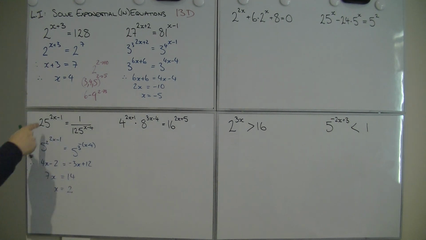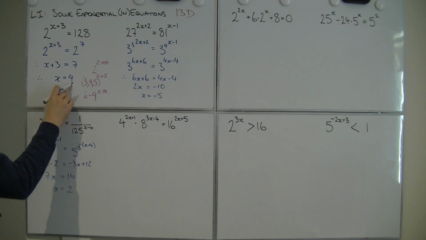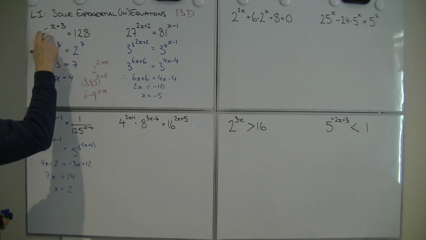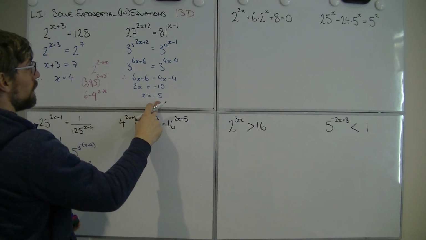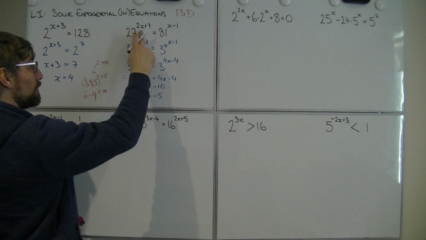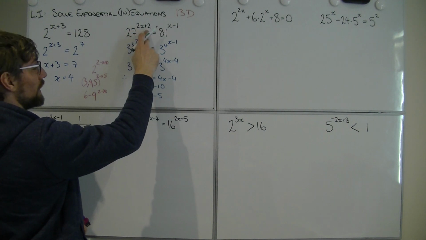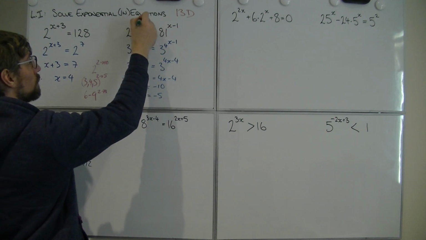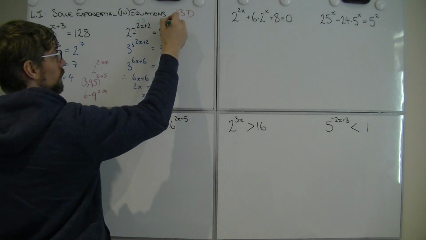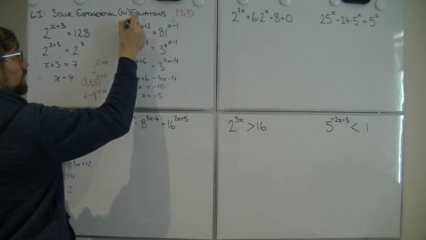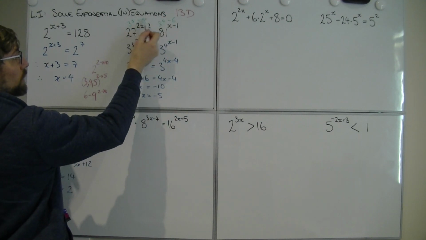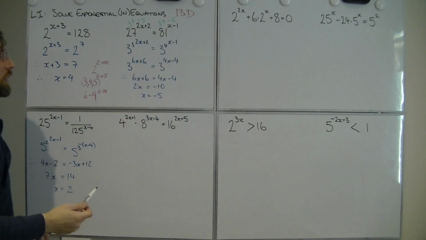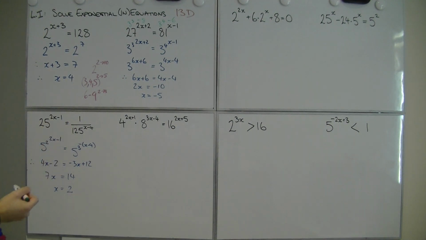Now, we should have been doing this the whole time. Something we should have been doing is, it is not at all obvious that that's 2, so we should have been checking these as we went. So x is 4, 4 plus 3 is 7, 2 to the 7 is 128. Yep, that's good. x is negative 5, okay. So we've got negative 5 makes negative 10, makes negative 8. So I've got negative 8 there, this negative 6, okay, this is 3 to the 3, this was 3 to the 4, the 3s match, 3 times negative 8 is the same as 4 times negative 6, yep, both negative 24, so that checks out.